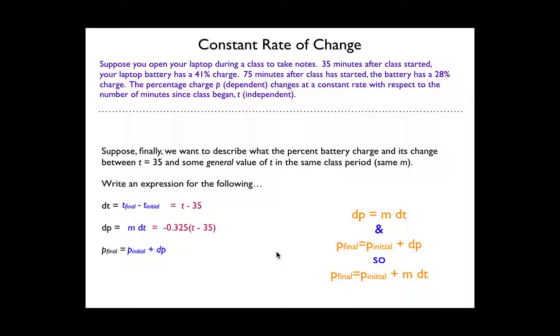So our initial value was that 41%, and then instead of subtracting 0.325 times 13 minutes like the last problem, it's 0.325 times whatever t minus 35 is.